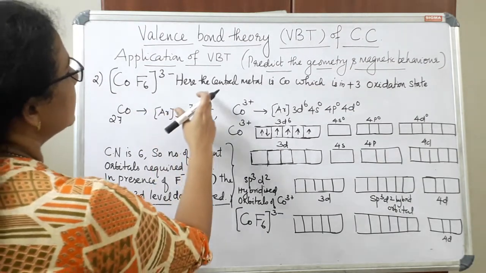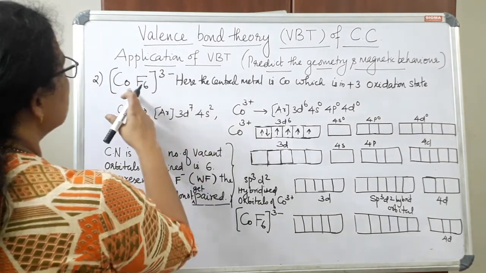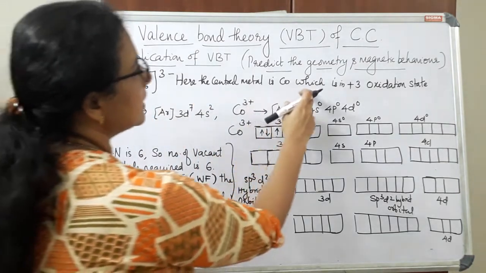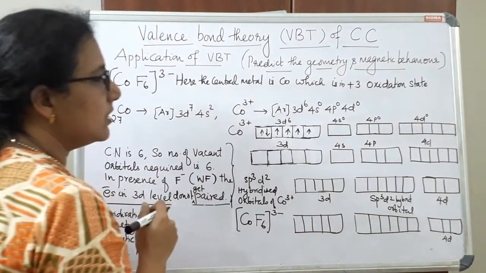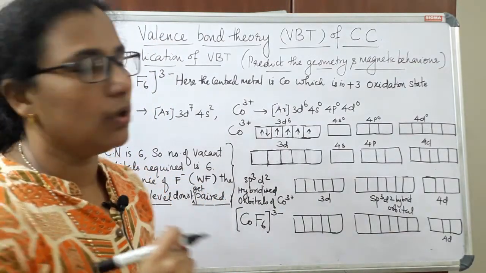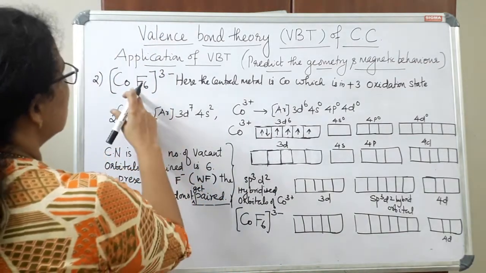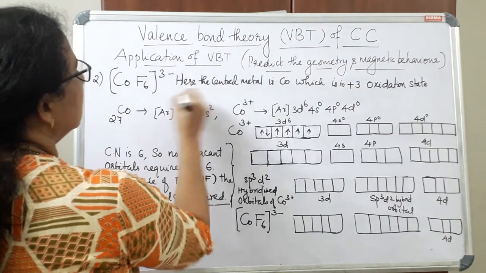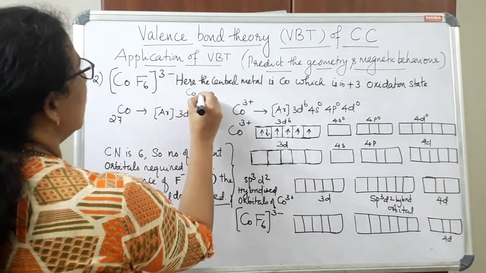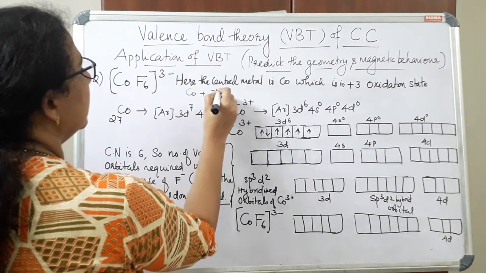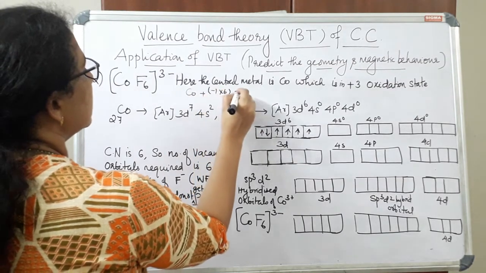So first of all, we should write the central metal. Here it is cobalt, Co, which is in +3 oxidation state. So first of all, we need to find out the oxidation state of cobalt. Co plus F, which is -1, into 6, is equal to -3.